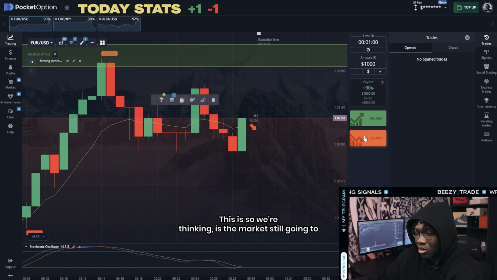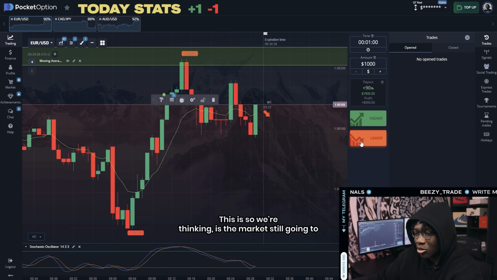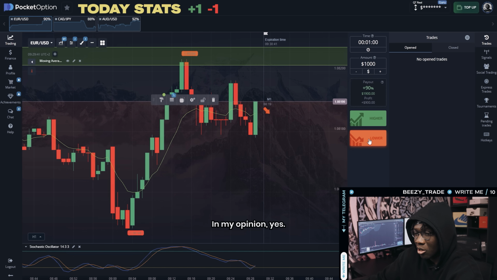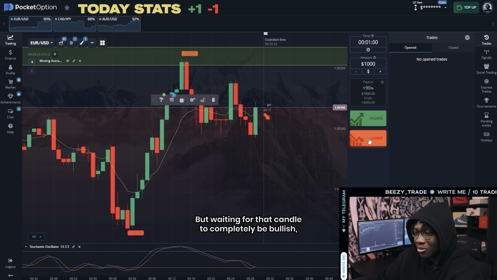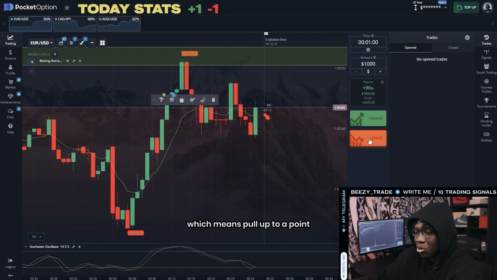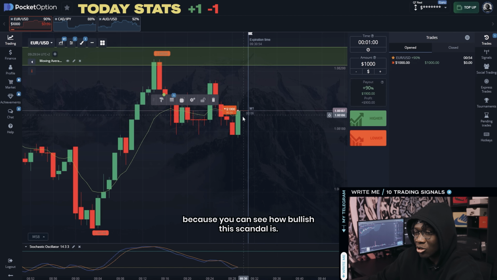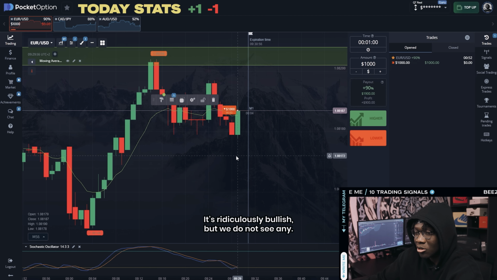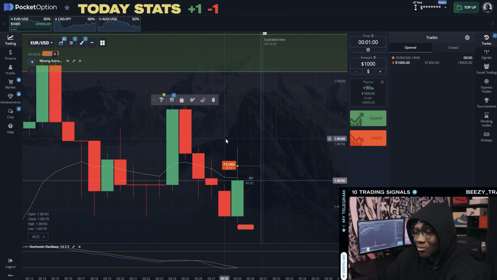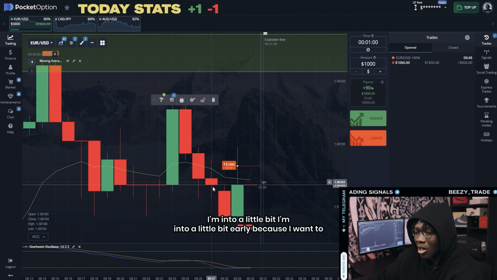So we're thinking, is the market still going to crash down? In my opinion, yes. But waiting for that candle to completely be bullish, which means pull up to a point. Because you can see how bullish this candle is. It's ridiculously bullish. But we do not see any. Okay, I'm going to enter a little bit early because I want to wait.